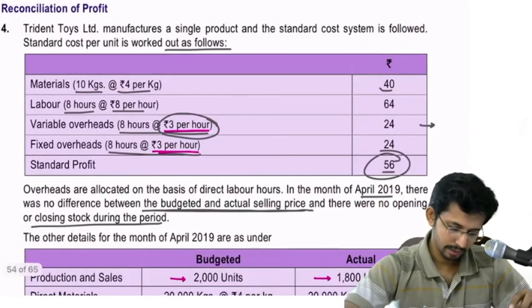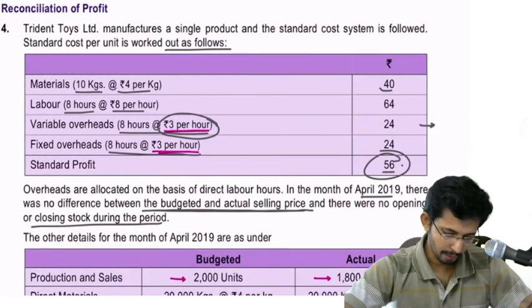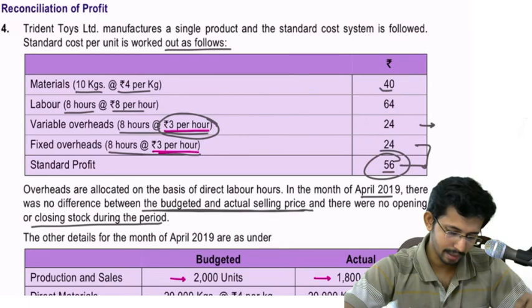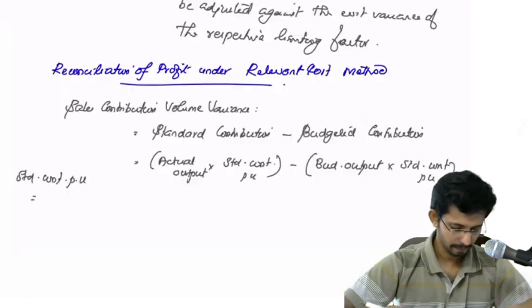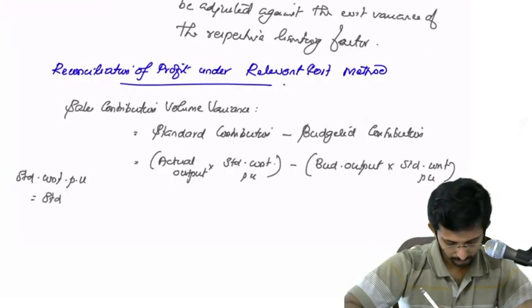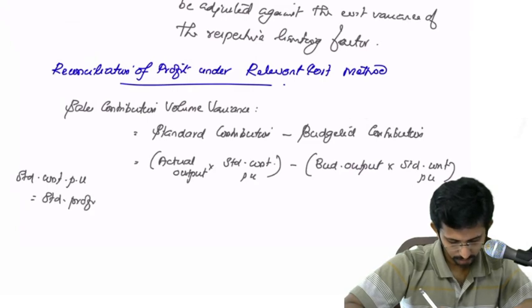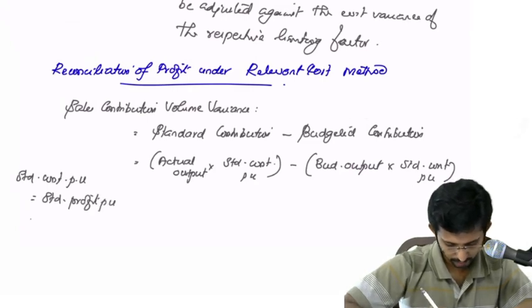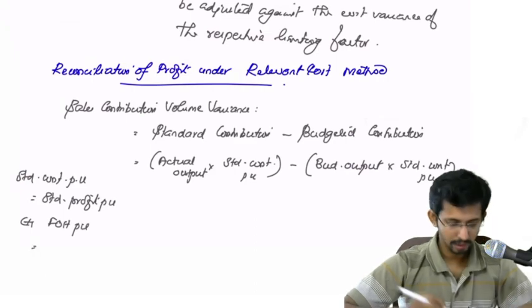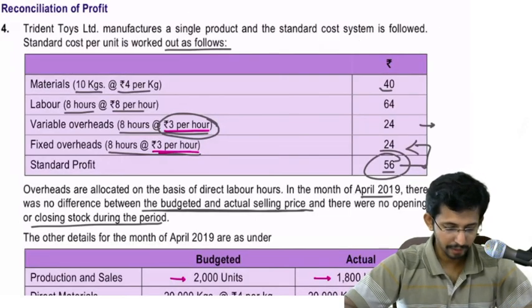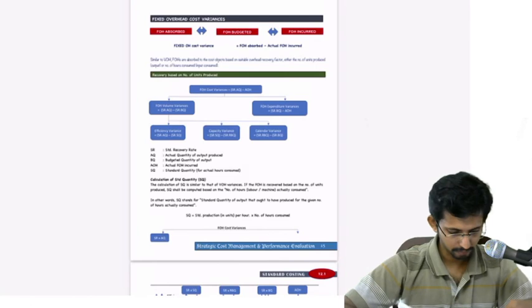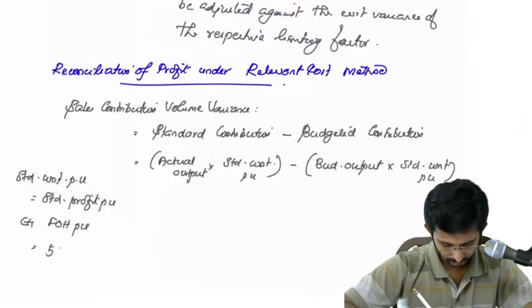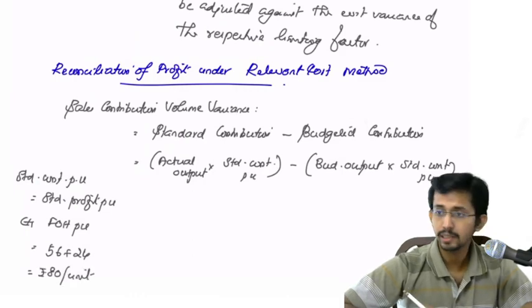Okay, what you have to do, standard profit is given, with that you have to add fixed overhead. Standard profit per unit plus FOH per unit, that will give you what? 56 plus 24, that is rupees 80 per unit.